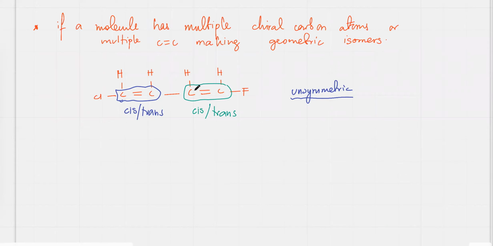So I'm going to draw the three-dimensional representation of this molecule, which is that around the double bond, the carbon atom is going to be fan-shaped. So around this double bond, the carbon atom is going to look like this.